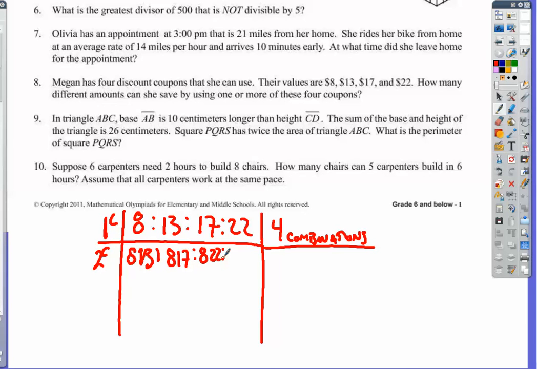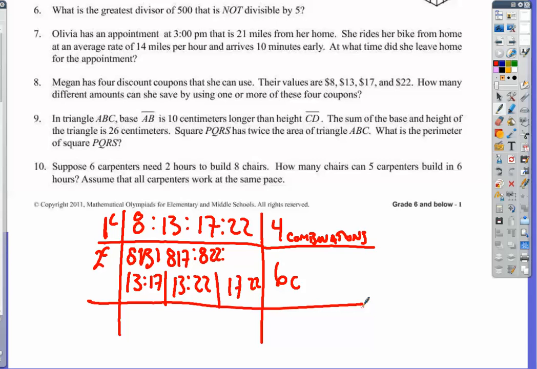Then I could also go with 13 and 17, 13 and 22. And then I think I'm missing one. Oh, 17 and 22. So I have 6 combinations.